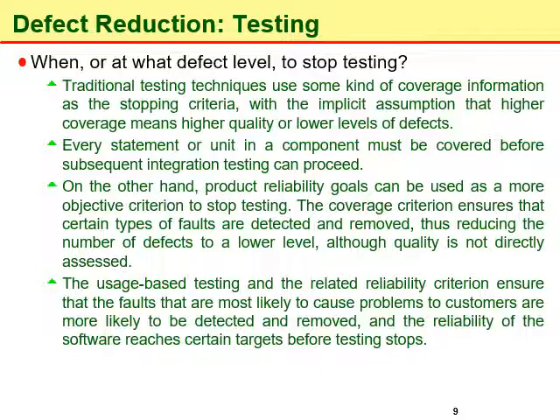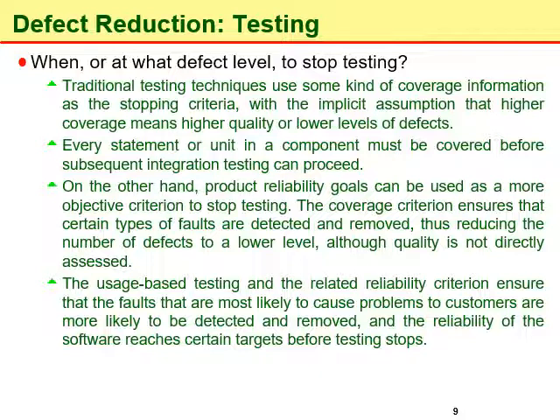The use of this criterion requires the testing to be performed under an environment that resembles the actual usage by the target customers so that a realistic reliability assessment can be obtained. That actually results in usage-based statistical testing. The coverage criteria ensure that certain types of faults are detected and removed from the code, thus reducing the overall defect level in the system.